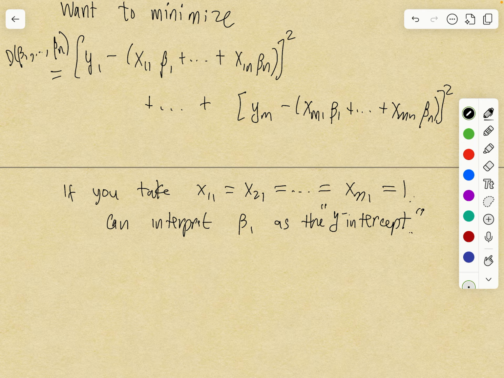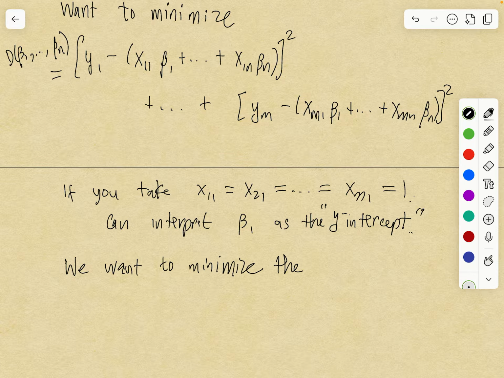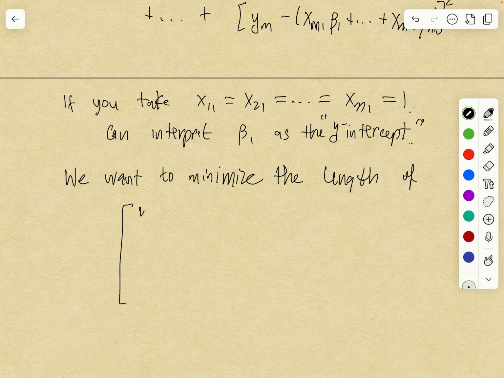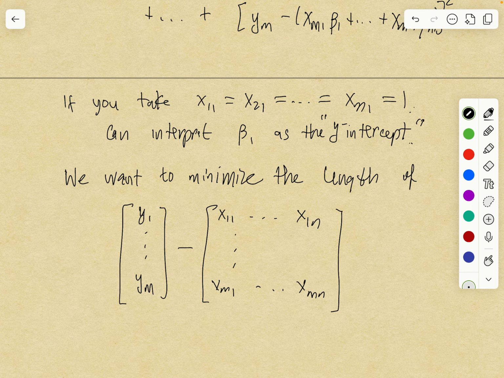So we're trying to minimize the length of the vector, which is if you take your y1 to ym and then subtract this matrix whose entries are xij, so x11 to x1n to xm1 to xmn, times beta 1 to beta n.